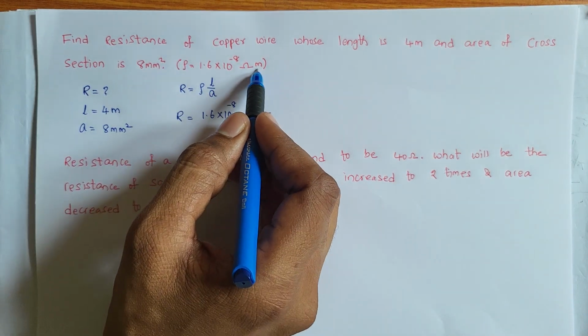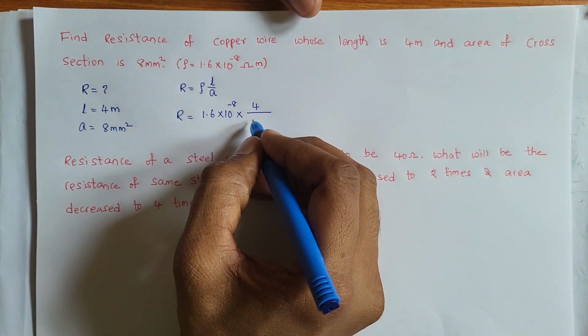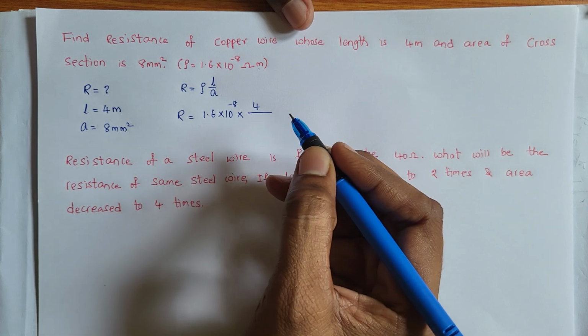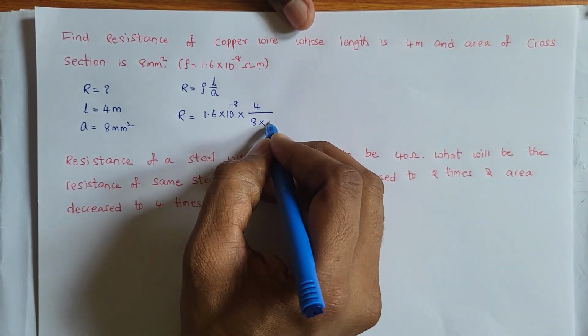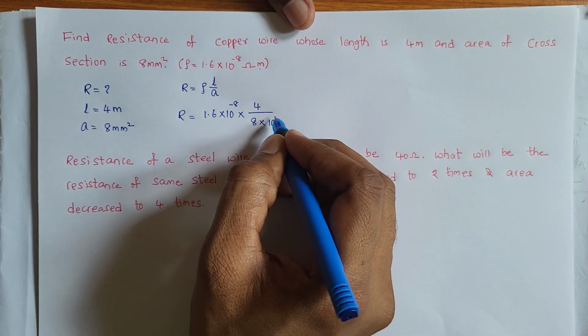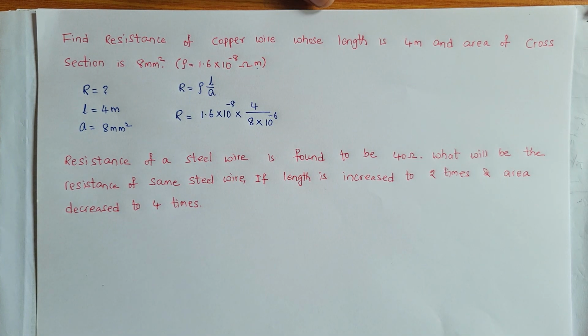But this one, in millimeter square, we have to convert it into meter square. How to convert millimeter into meter? Into 10 power minus 3, correct? So millimeter square, so 10 power minus 3 whole square, it will be 10 power minus 6. Okay? Right.